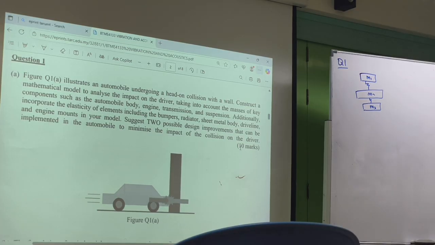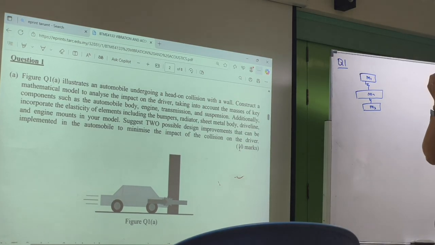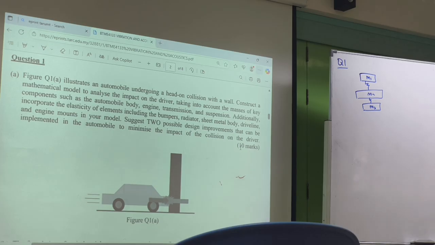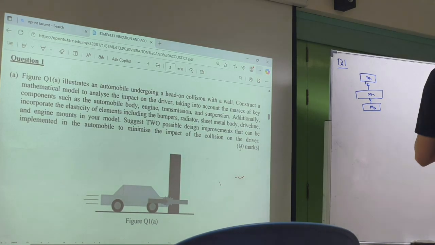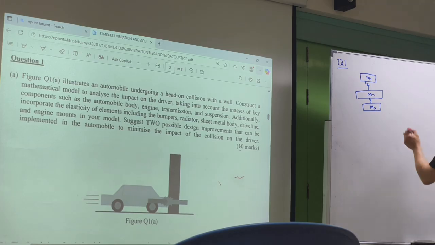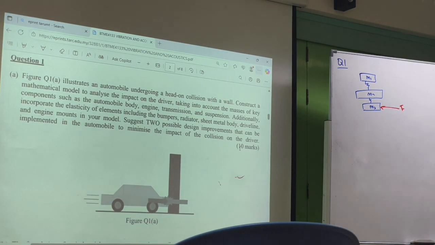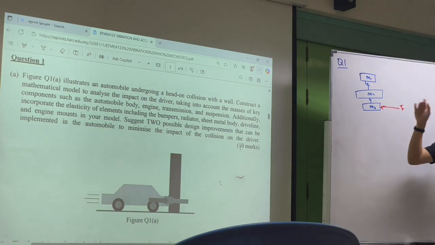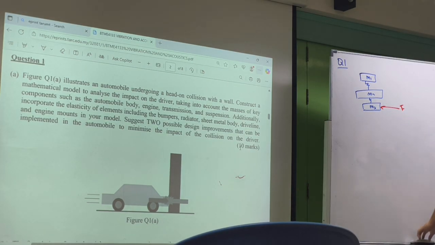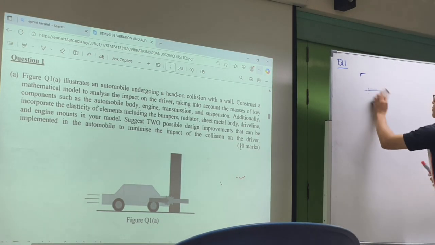Okay. For mathematical modeling, you always have to take care of one thing: direction. The direction of the force and the direction of the spring should be the same. So if I draw it this way, then I put the force that way. It becomes not valid, because the force will not compress the spring. Okay, so we can do it another way around.